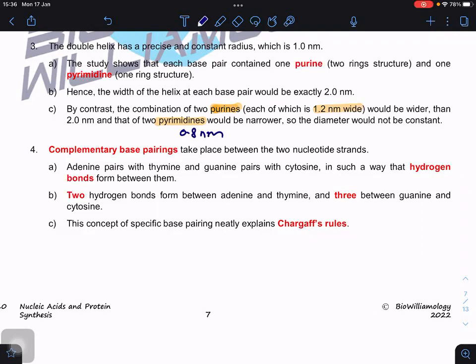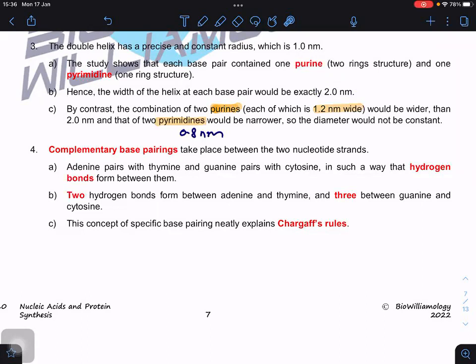So that's why the complementary base pairing is very, very precise. Are you clear? Always purines and pyrimidines. The study showed that each base pair, 1 purine, will pair with 1 pyrimidine, which has 1 ring. Therefore, the diameter is exactly 2 nanometers.